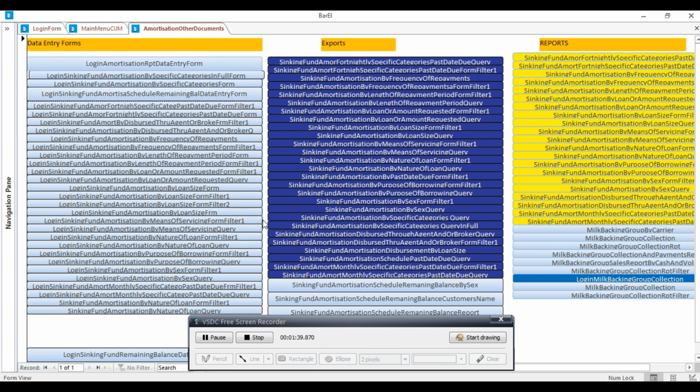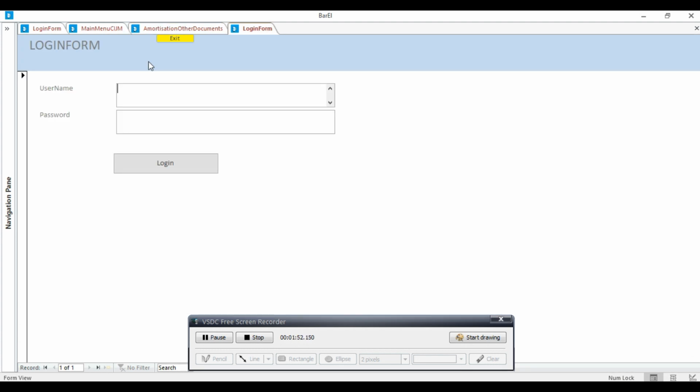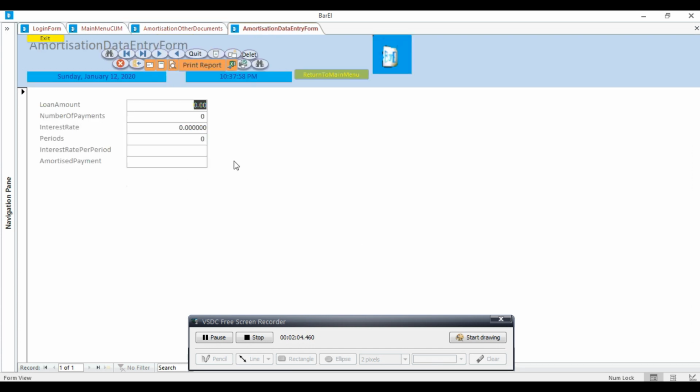Before we proceed, let us quickly calculate the amount which we are supposed to be paying every month. Come here, login. The loan amount is 1 million.